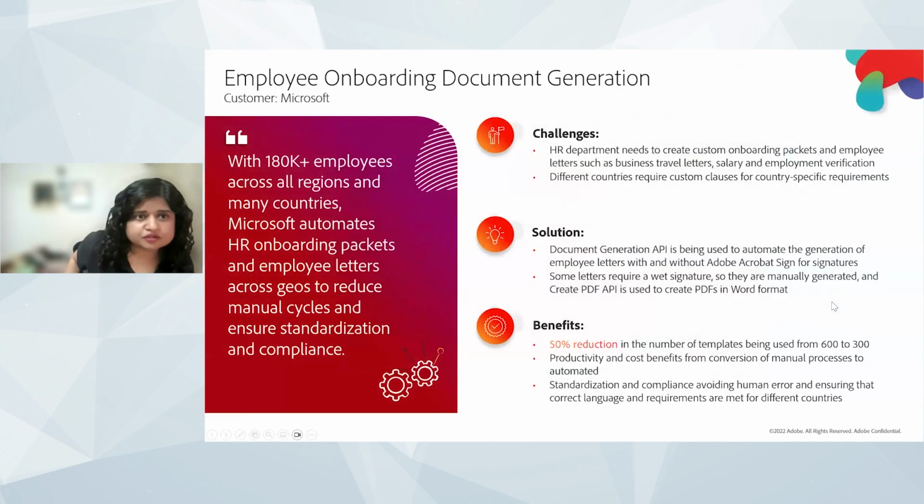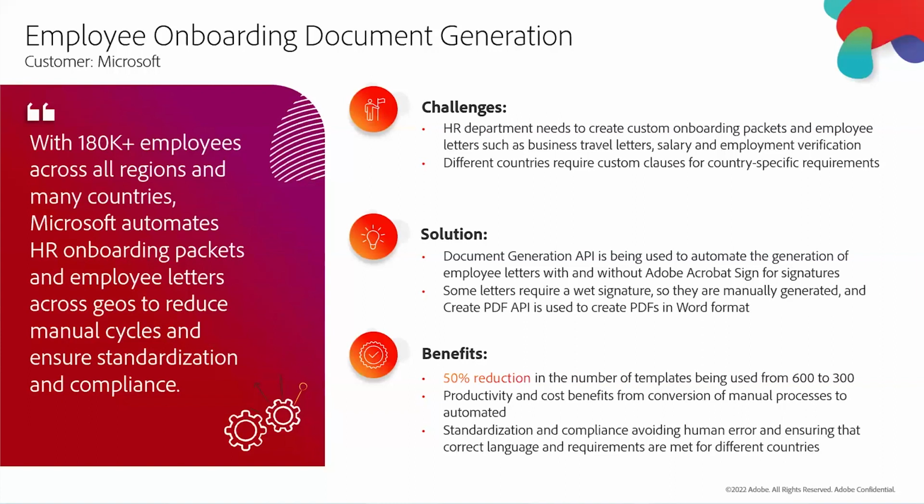Okay, so let's take a few examples of how we have actually helped companies with our document generation solution. So this is a Microsoft story. Microsoft has people across the world, and there are around 180,000 people whom they are continuously talking to with documentation here and there.